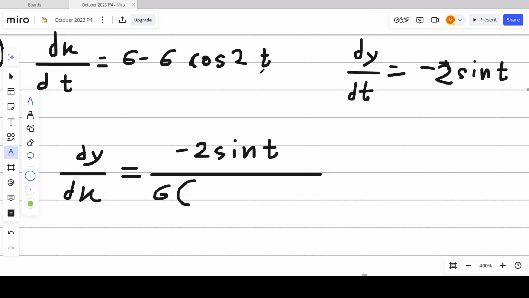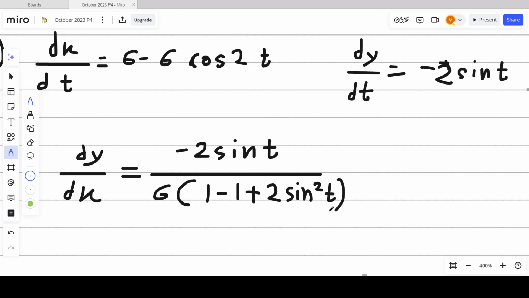To simplify further, cos 2t can be expanded using the double angle formula: cos 2t is 1 minus 2 sine squared t. So 6 times 1 minus 1 plus 2 sine squared t, since minus minus becomes plus.